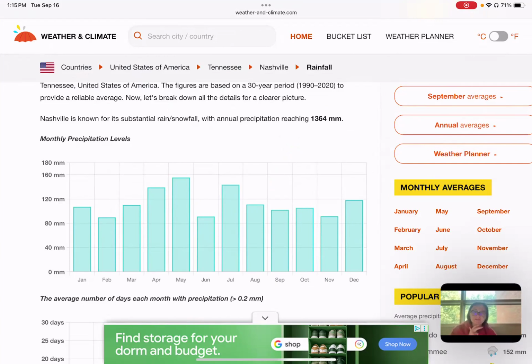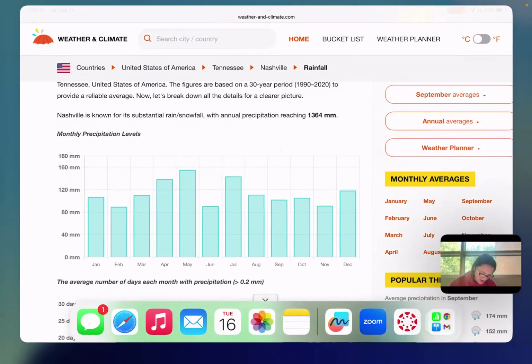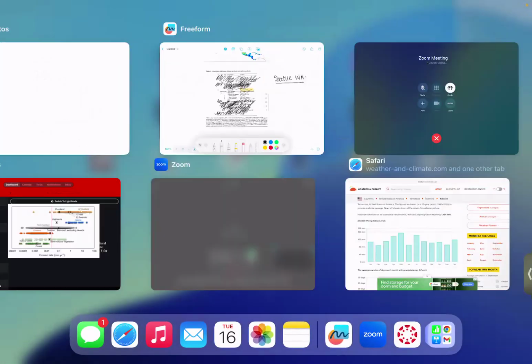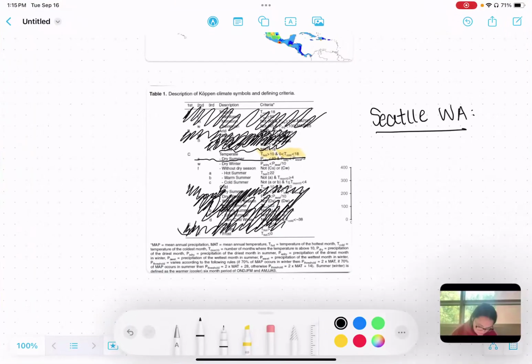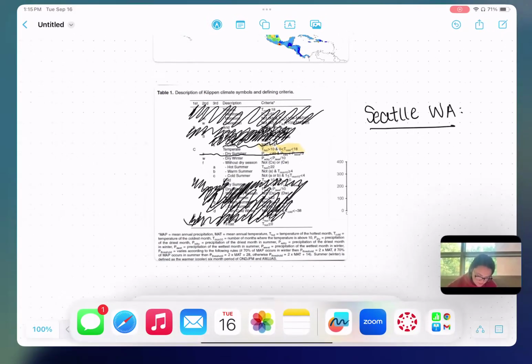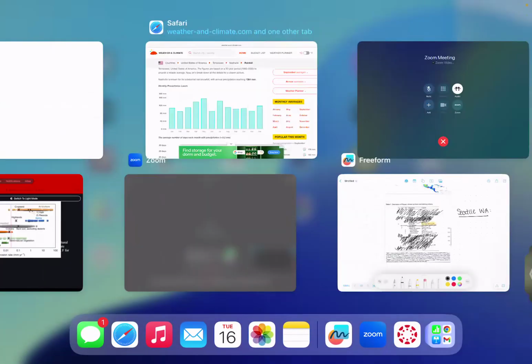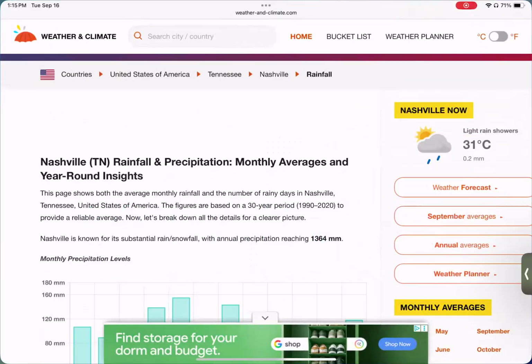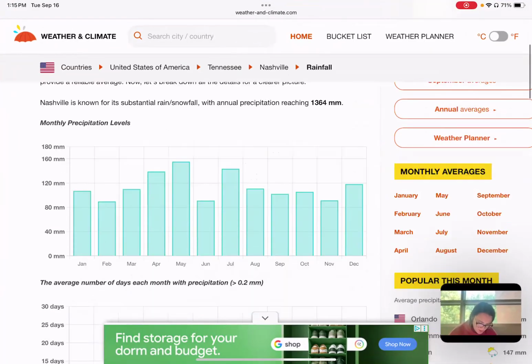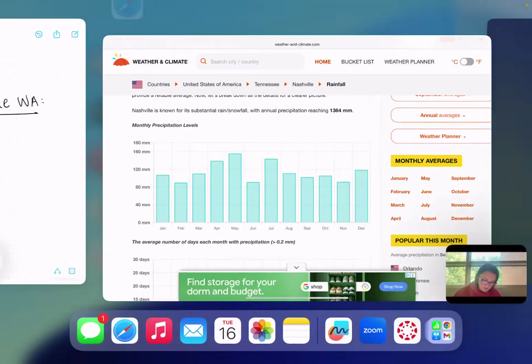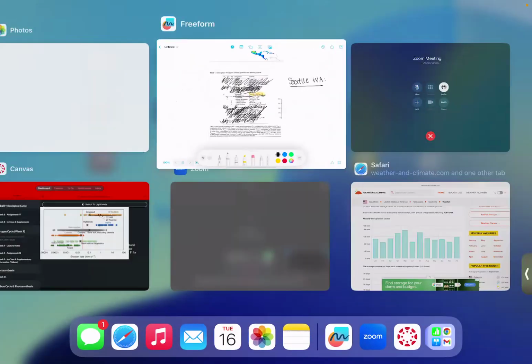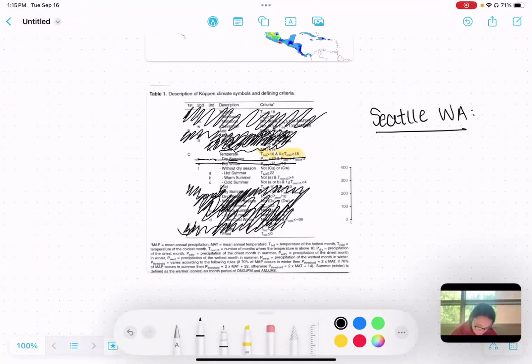So 150 divided by 10 gives us 15. Then is that going to be less than the precipitation in the winter dry months? We already basically can confirm that nothing is less than 40 here, so we know that's not true. So that tells us that we must then have F.